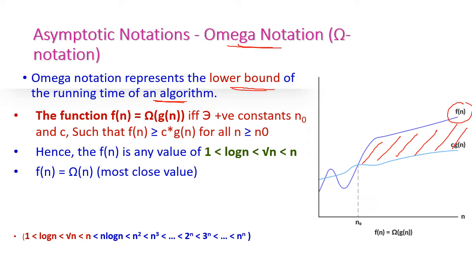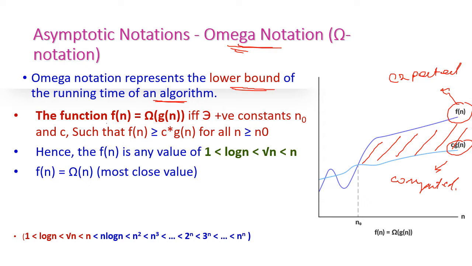F of n is the expected and g of n is the computed. So the computed value should always lie below the expected value, then that should be represented using omega notation.